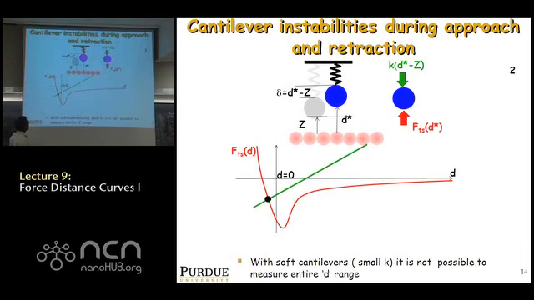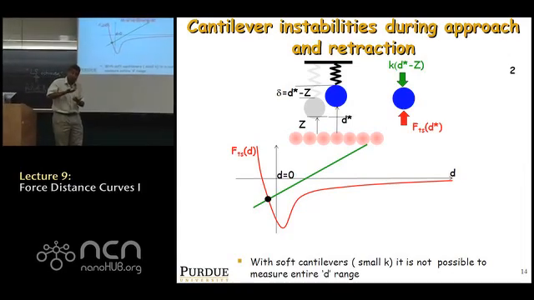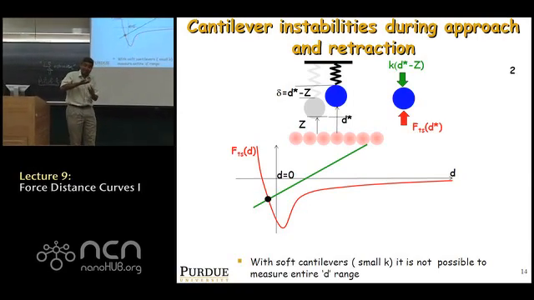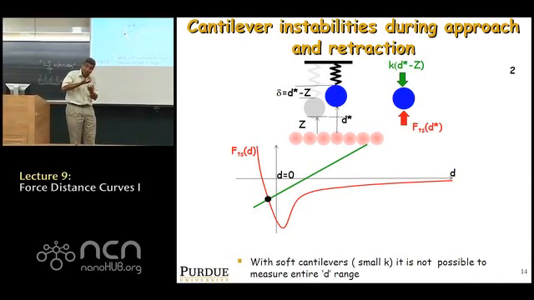Okay? So the interesting point that we have seen already is that when you come close to the sample and move away from it, you can very easily get situations where there are regions in D that you don't access because there's a sudden snap-in phenomenon that happens. So you move the base of the cantilever close to the sample, the spring constant is equilibrating the attractive interaction forces, but at some point as you come very close, remember the attractive van der Waals forces go as 1 over gap squared.